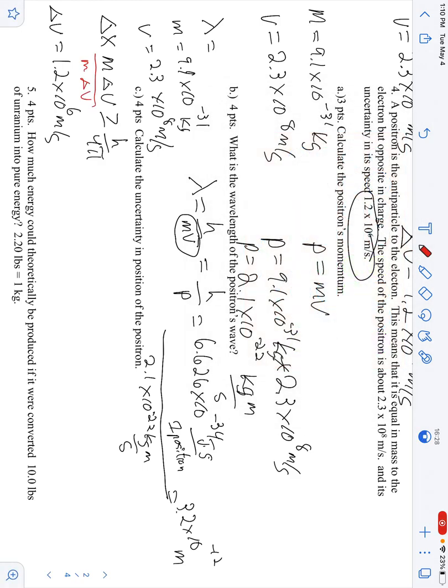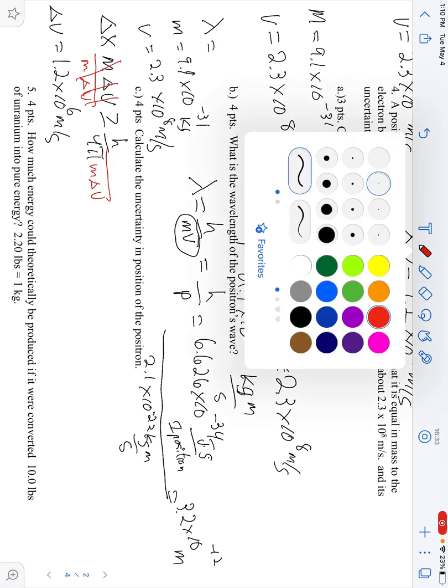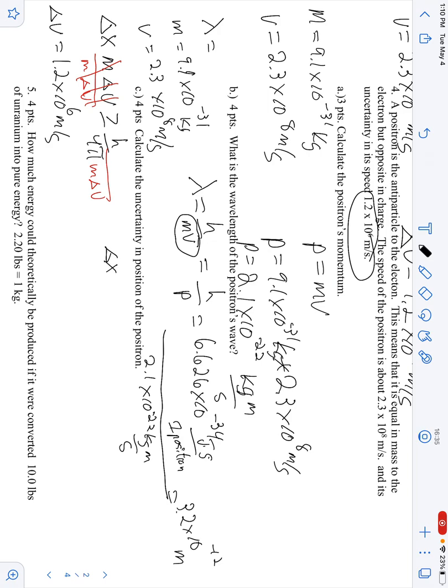So I'm going to divide both sides by m delta v. Then I can plug in my numbers. This is still for only one positron.